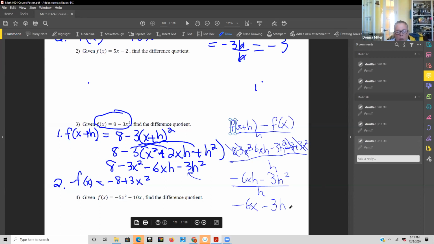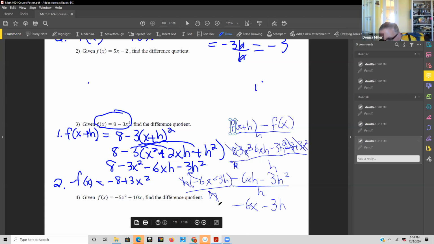Okay, and that would be my difference quotient. All right, if that bothers you, factor the h out of the top, and go over here, like so, right, and then cancel.